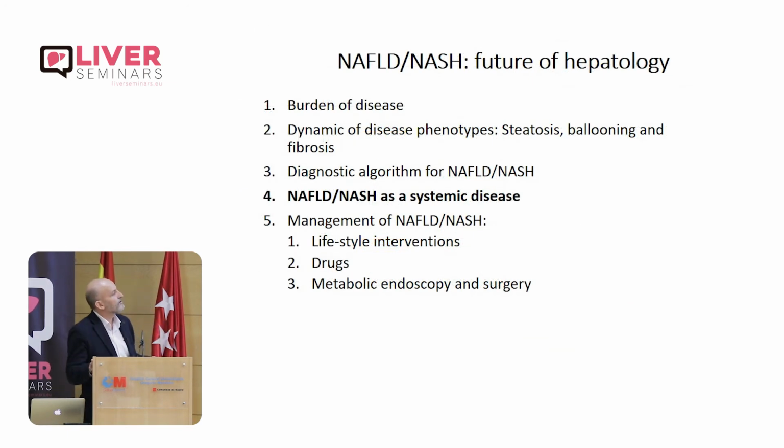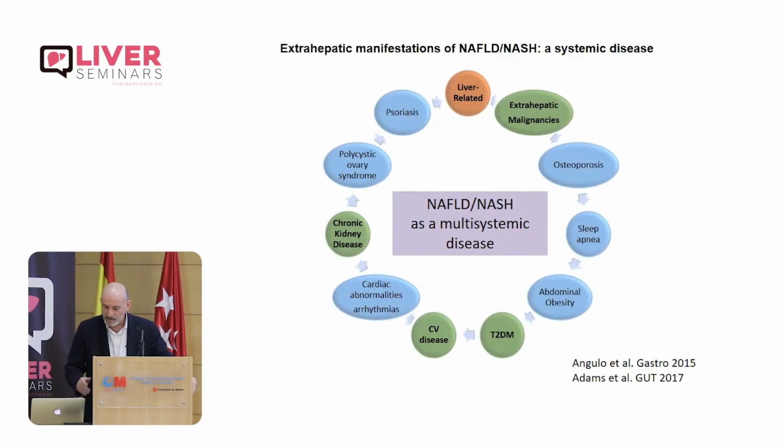And the fourth topic that I would like to discuss with you is NAFLD NASH as a systemic disease. We can be overwhelmed due to the large number of patients, the large number of cirrhotics, but also this disease affects beyond the liver. It could affect the bone, osteoporosis, sleep apnea, abdominal obesity, cardiac abnormalities, and arrhythmias, PCOS, psoriasis.